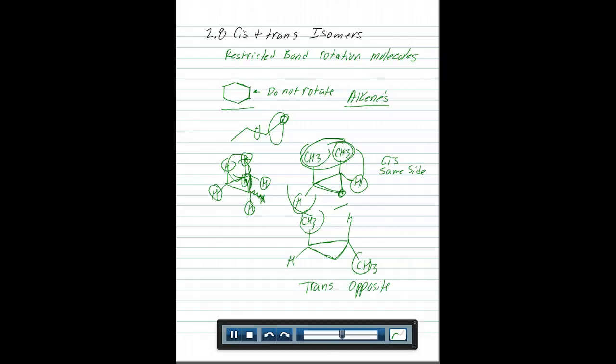So I'm drawing a three-dimensional structure, but you can actually draw these in two dimensions with wedges and a dotted line. I can take a cyclohexane, and if I draw a wedge here, put a methyl group here, and then do another wedge at the 4 position, these groups are on the same side. So this would be the cis isomer.